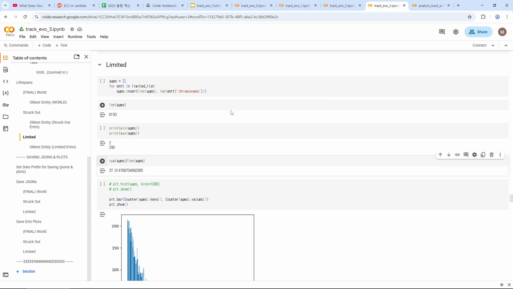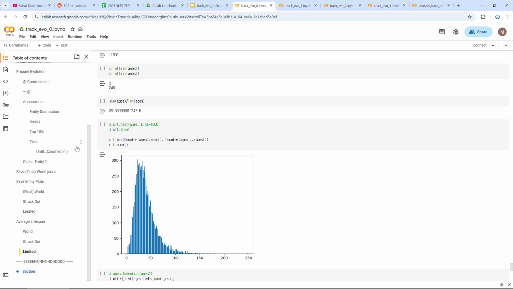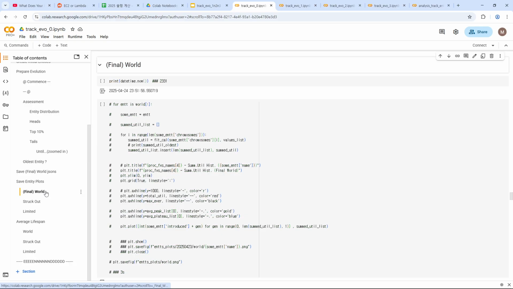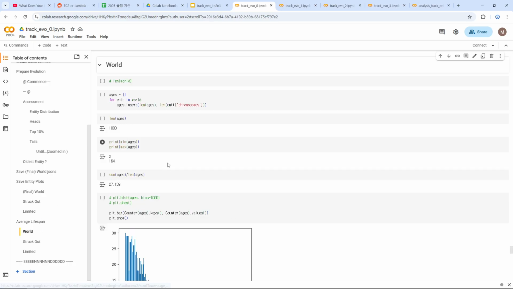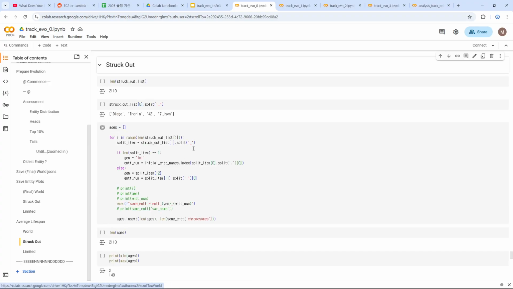Oh yeah. And previously, one last thing, one very interesting thing, was that when shuffle and learning did not exist, there used to be around 2,000 entities that were struck out, and around 12,000 entities that were limited out of the population.